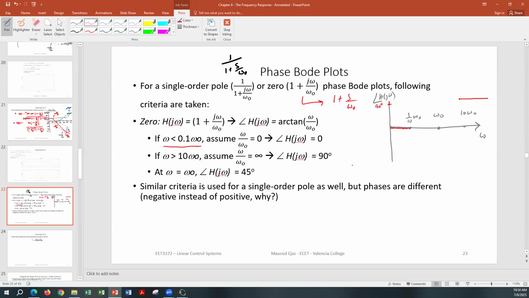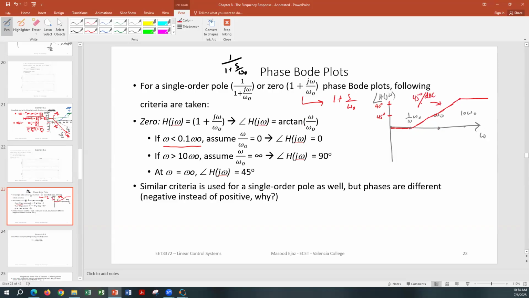But again, for approximation, this is what we are approximating. And at omega equal to omega naught, arctan of 1 is 45 degrees. So at omega naught, it's going to be 45 degrees. So you're going to have a line, and the slope of this line is going to be 45 degrees per decade of the frequency.